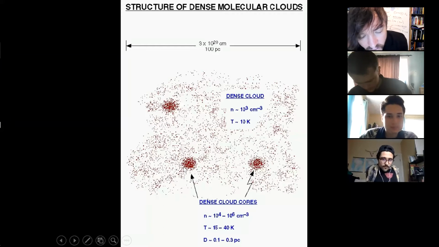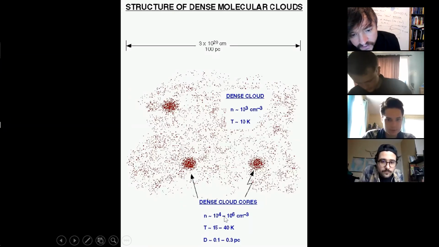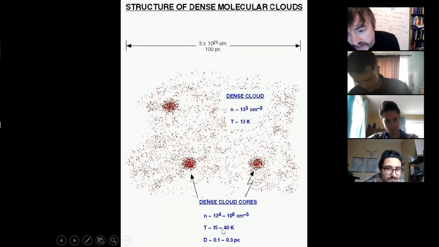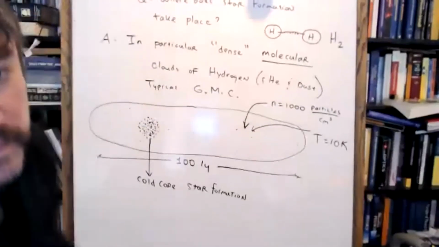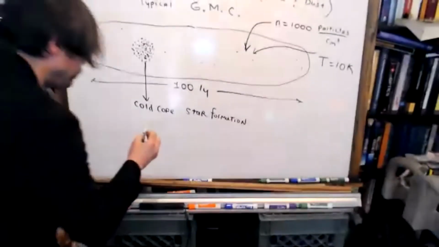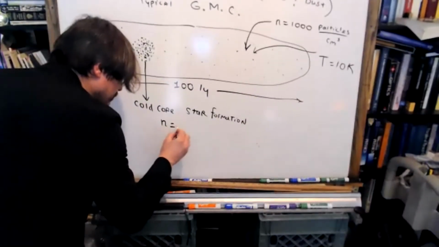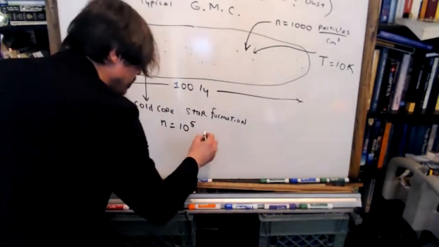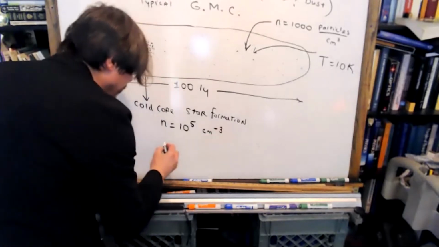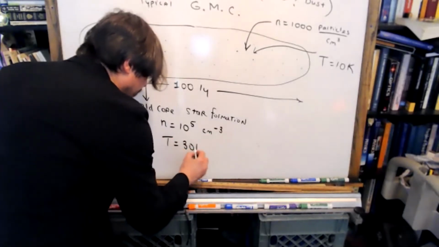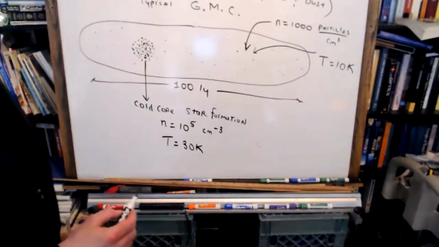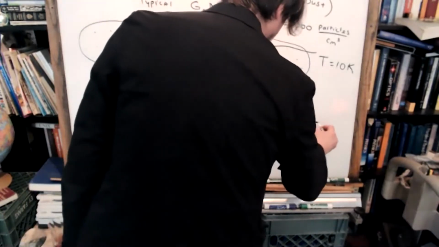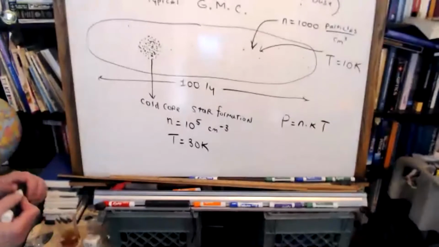In one of these dense cloud cores, the particle density has gone up to, say, 10 to the 5 particles per cubic centimeter, but the temperature has only gone up to, say, 30 Kelvin. Let's take those notes. So here, 10 to the 5, of course, is 100,000 particles per cubic centimeter. The temperature, however, has gone up to 30 Kelvin. To me, this seems to violate the ideal gas law. If pressure equals nKT, there's a relationship between number density and temperature.